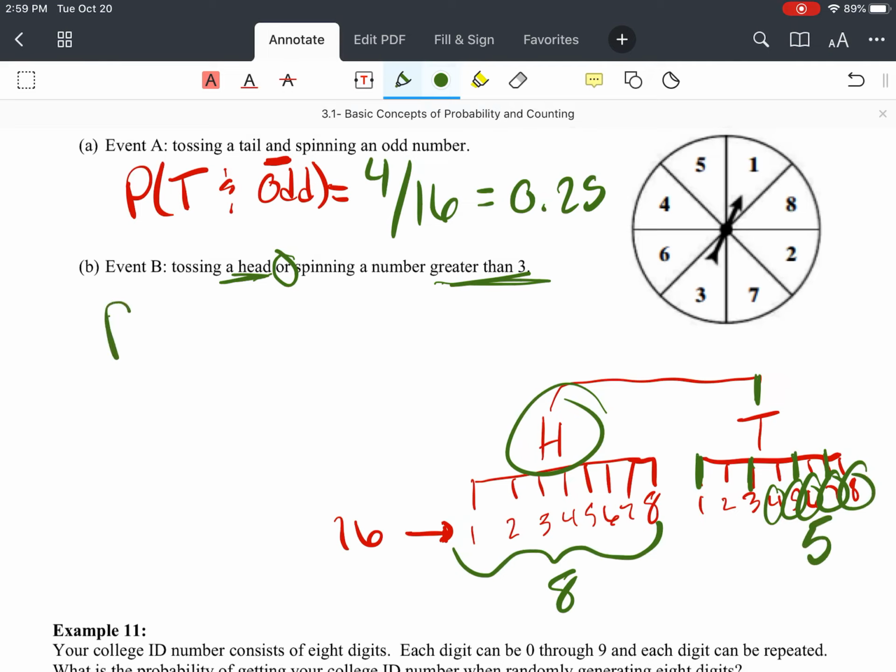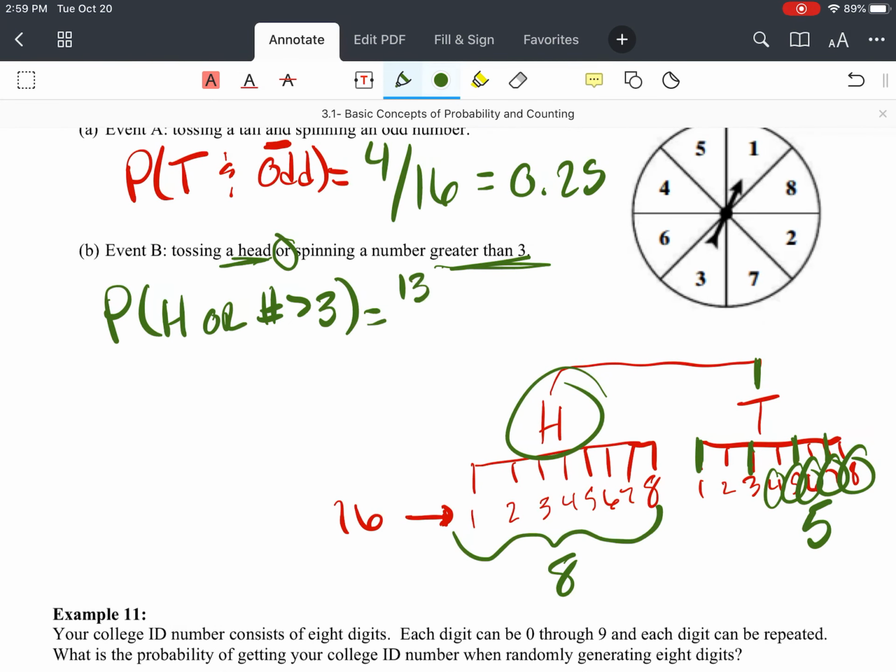So we have 5 over here. So the probability of tossing a heads or a number greater than 3 is equal to, well, 8 plus 5 is 13 over 16, which is approximately 0.813.